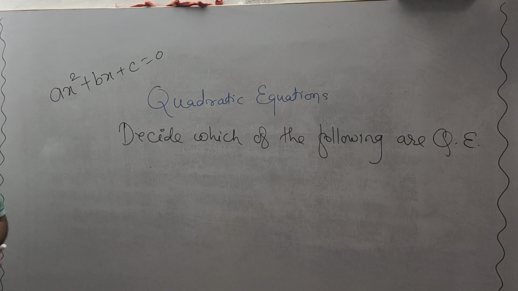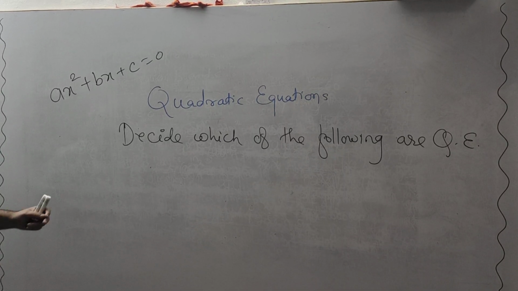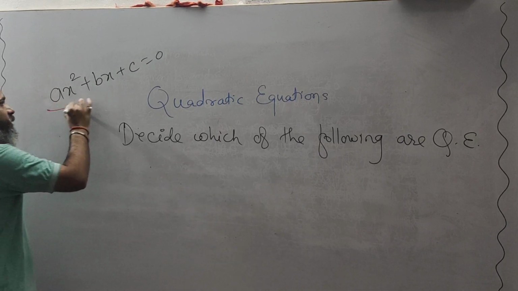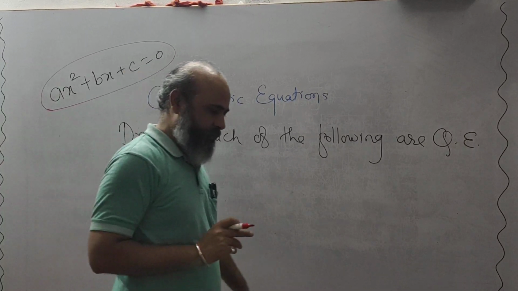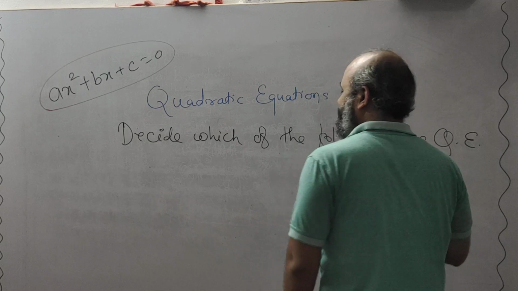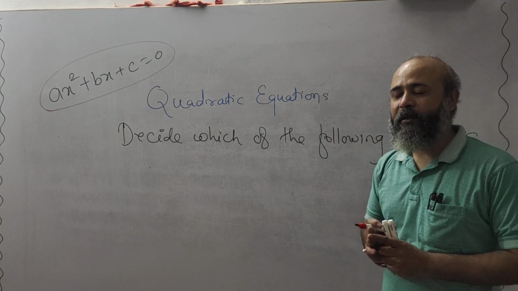Again I want to tell you, you will say that an equation is a quadratic equation only if it is of the form ax² + bx + c = 0. Then you will say that the given equation is a quadratic equation.